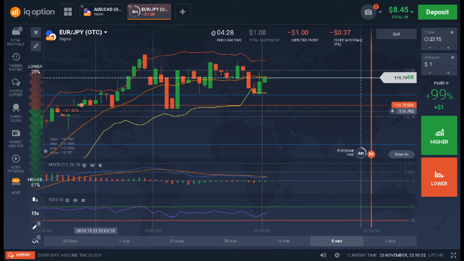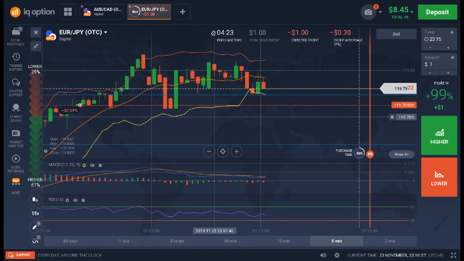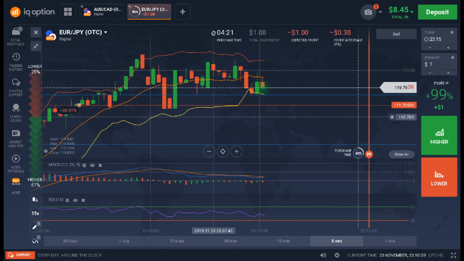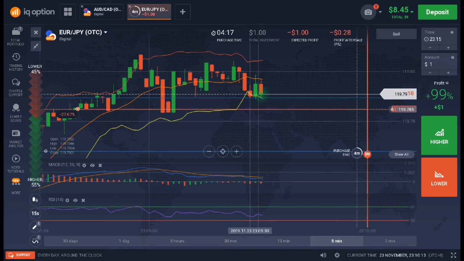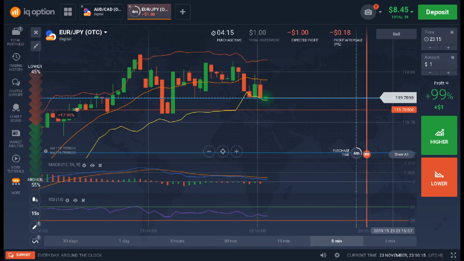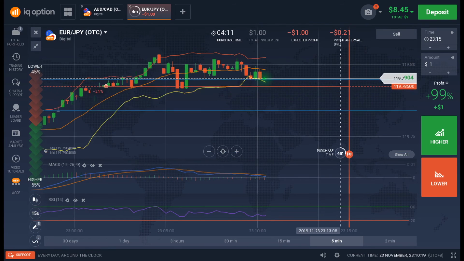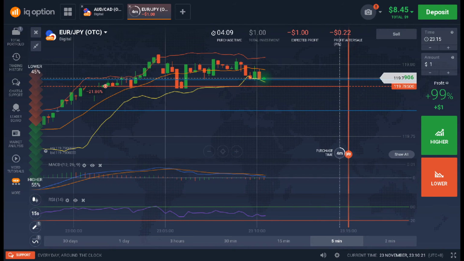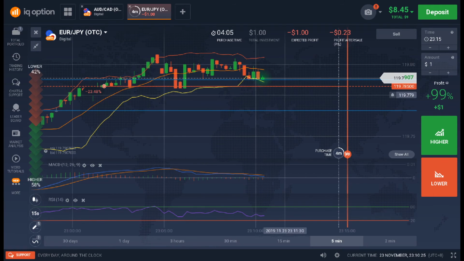If I know that it's really going to go against my direction, I try to go as near as that line, and I bet on both up and down, so that my loss will be neutralized. Grab it. Okay, we're near. Hope it goes down.